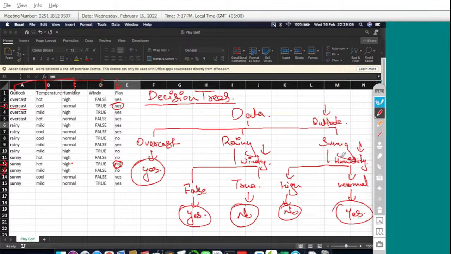That's the big question. How do we get to know that we need to look at outlook first, and windy second, and then check for humidity if sunny is the outlook? That is something we get at the training stage, while training.